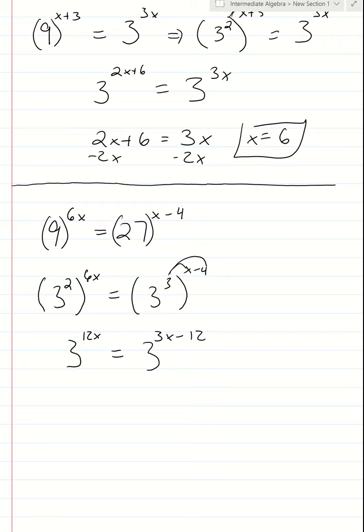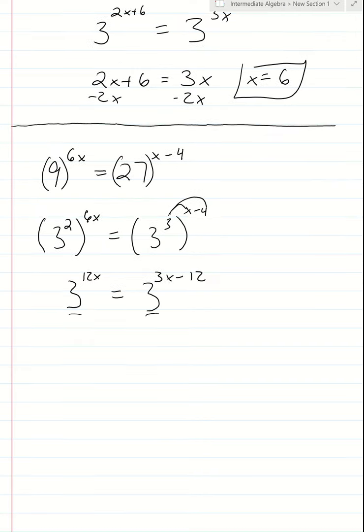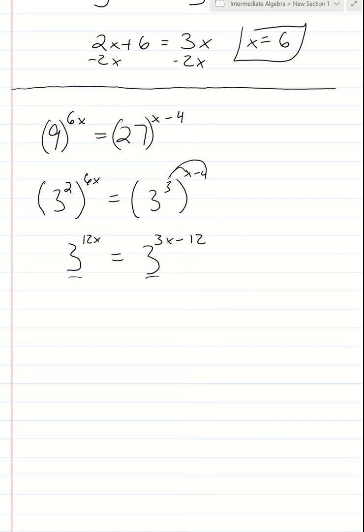And so now we have the same base numbers on left and right side of the equation. They are positive numbers and not equal to the number 1, in which case now we can take the exponent of 12x and set it equal to the exponent of 3x minus 12.